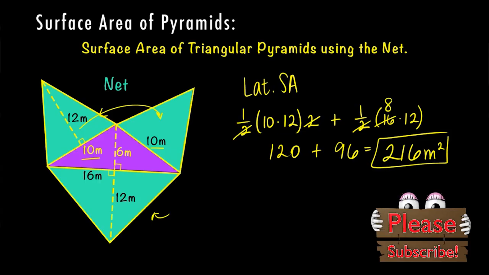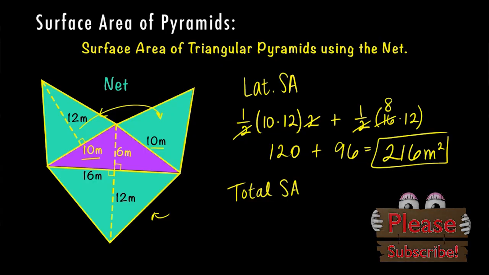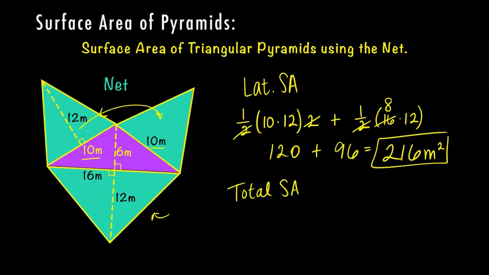And then to find my total surface area, I need to find the area of the purple triangle in the middle, and then I need to add that to the lateral surface area. So I'm going to do 1/2. Now this purple one in the middle, the base is 16, the height is 6, and then I'm not going to double that because there's only 1 of them.